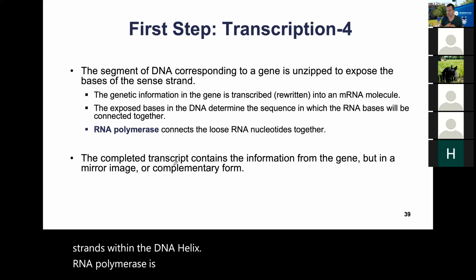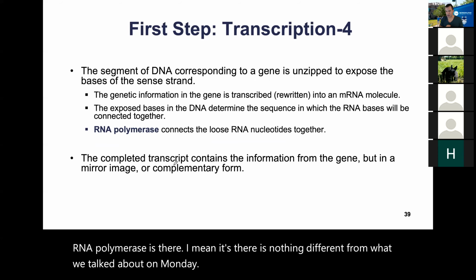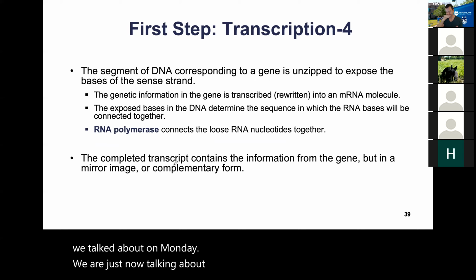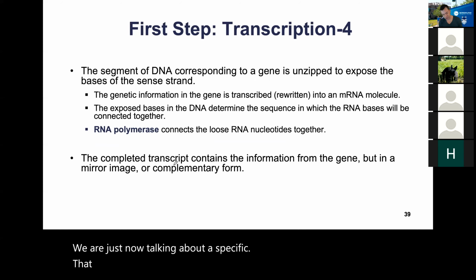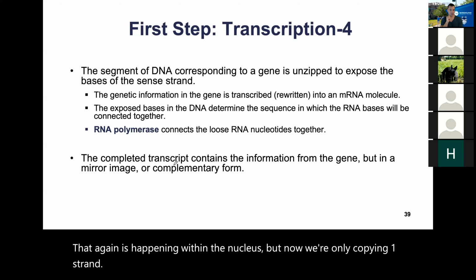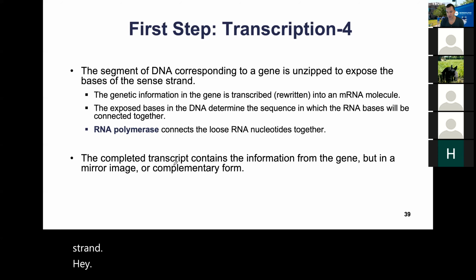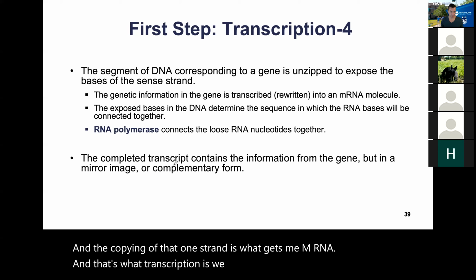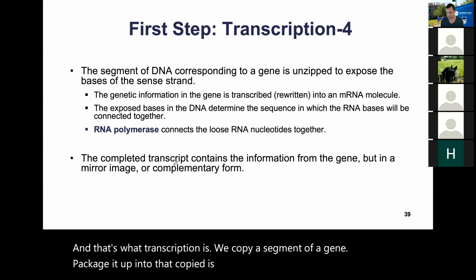There is nothing different from what we talked about on Monday. We're just now talking about a specific process that is happening within the nucleus, but now we are only copying one strand. And the copying of that one strand is what gets me mRNA. That's what transcription is. We copy a segment of a gene and package it up into what is called messenger RNA.